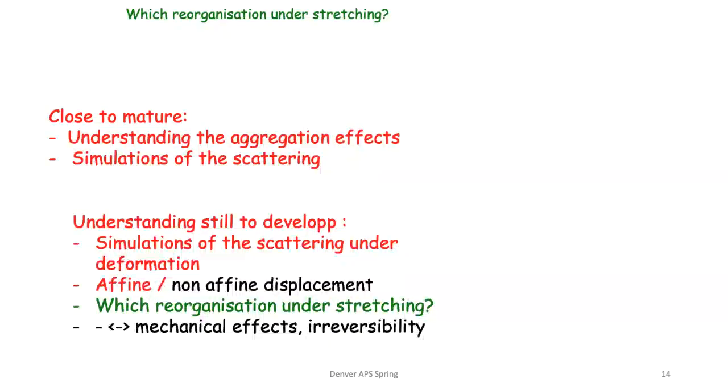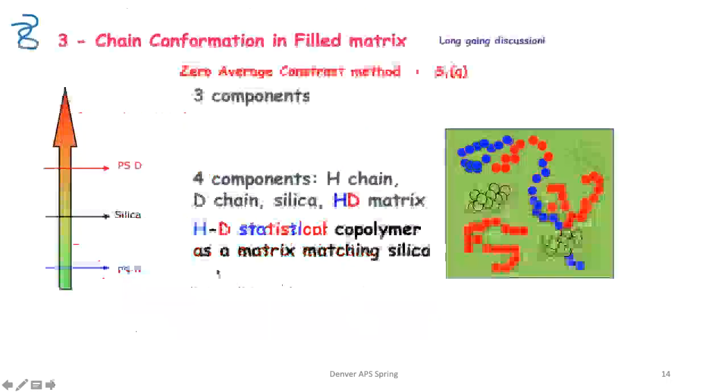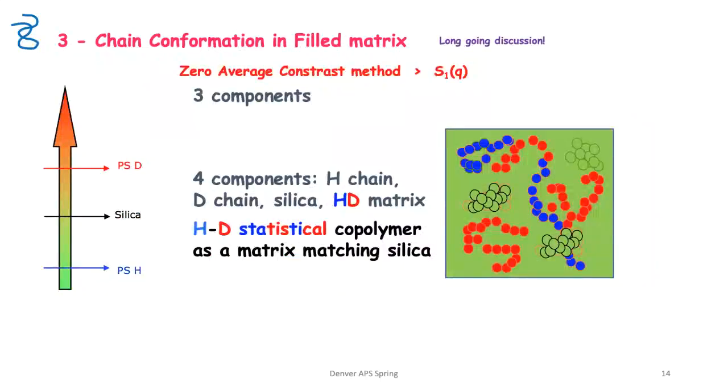On the other hand, there are still some open questions about the scattering under deformation, the mechanism of rearrangement of the clusters, particularly trying or not trying to understand in terms of affine and non-affine deformation, and relating it to mechanical effects. So now the second part of the talk would be about not the nanoparticles, but the chain deformation.